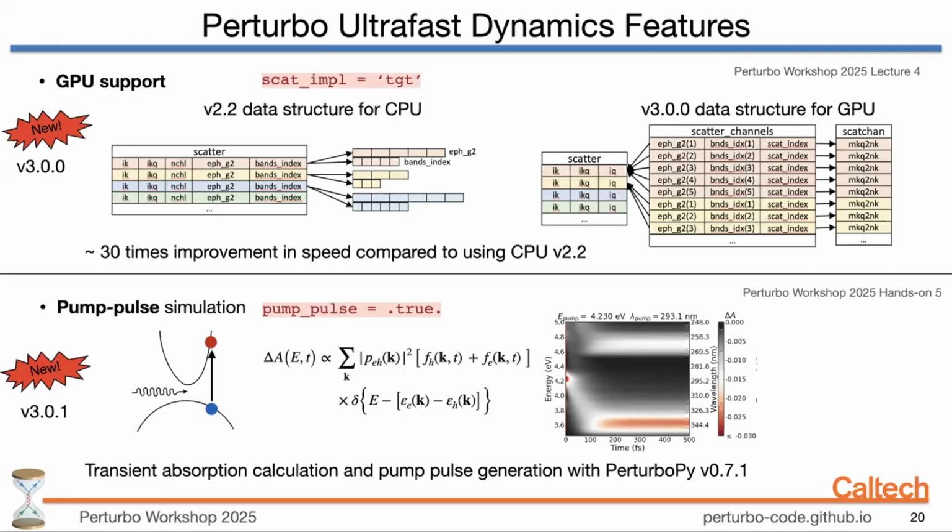And then finally, we want to highlight that we can compute the transient absorption signal and simulate a pump pulse generating the electron and hole populations, using the latest version of Perturbo-Pi and Perturbo as well.